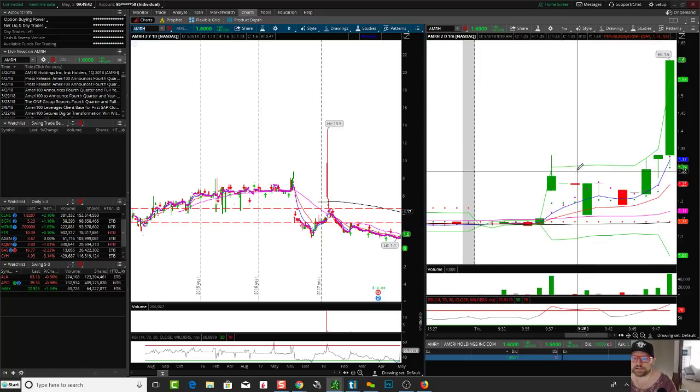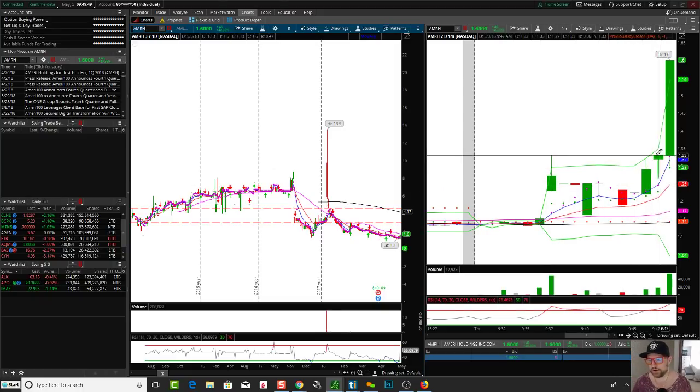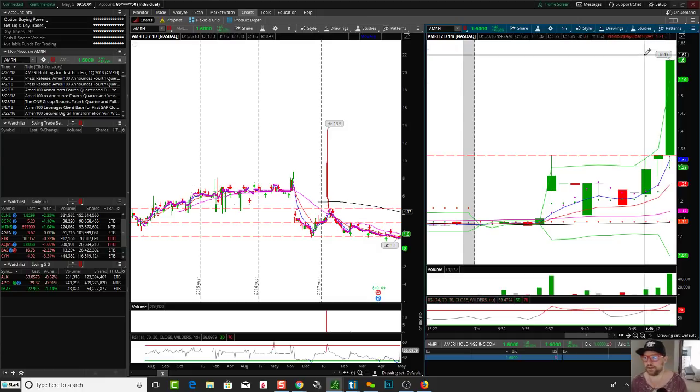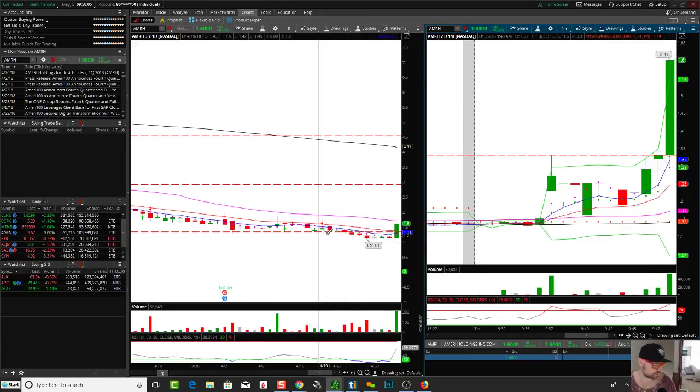This is a sloppy looking pattern right here, not doing much of anything. So ideally you want to get in right here, a break of this candle, which is the break of the high of day. You saw that hammer candle, if it broke above that 1.33, that would have been your entry. And then obviously it went up and it halted. So we'll see what happens when it resumes.